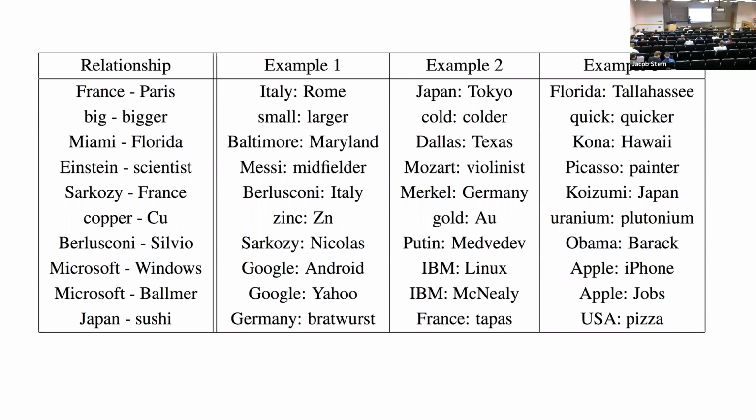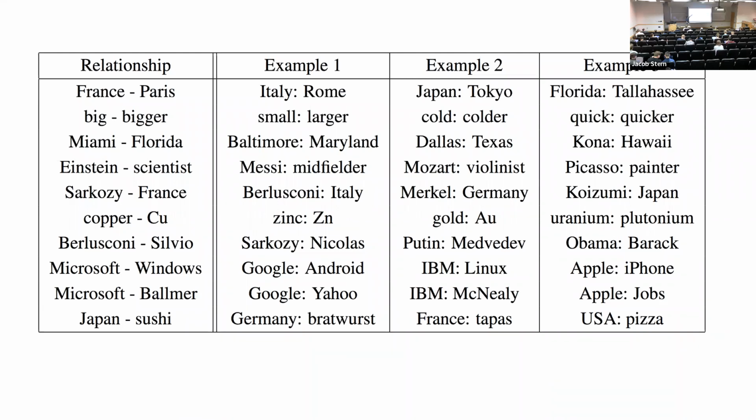Well, we take the word vector between France and Paris, and we add it to Florida. So we do France minus Paris plus Florida, and we get Tallahassee. Or apply that to Italy, Japan, and you can see that we can kind of use these word embeddings to mine relations between words.